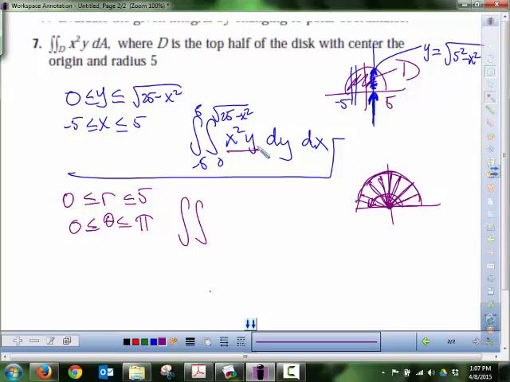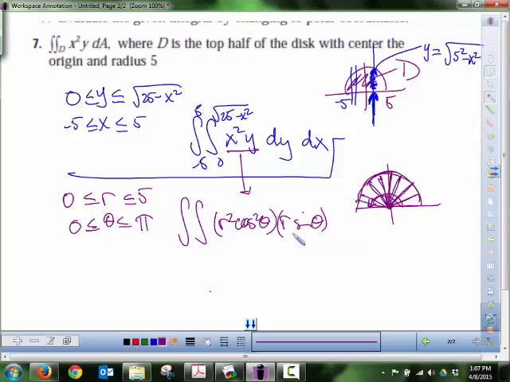Now, unfortunately, when I move from x, y to r, theta, everything has to move from x, y to r, theta. So our integrand will have to change. I can't just put x, y there. What am I going to have? r squared cosine squared theta for the x squared, and then the y is r sine theta. Okay?